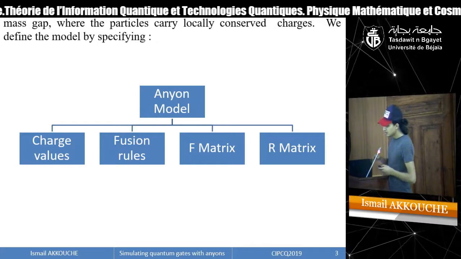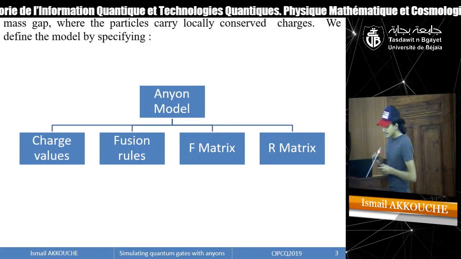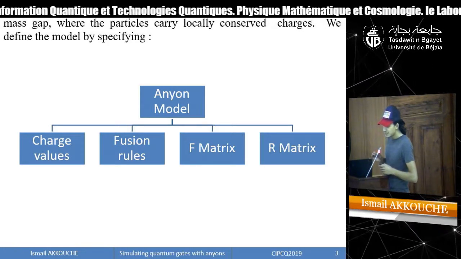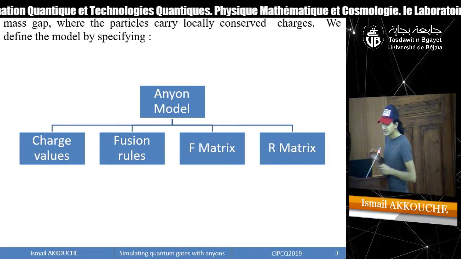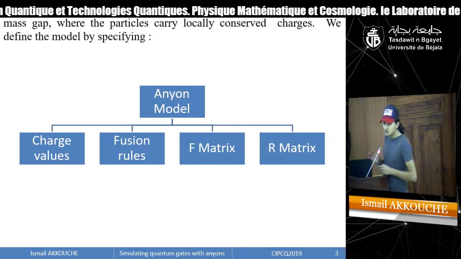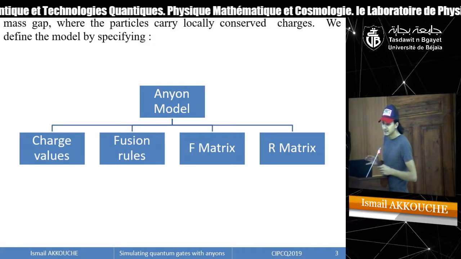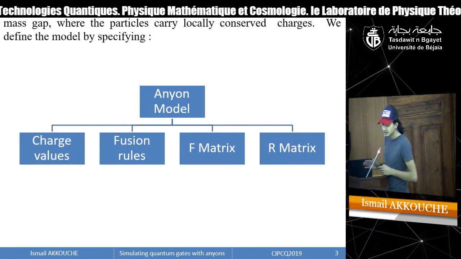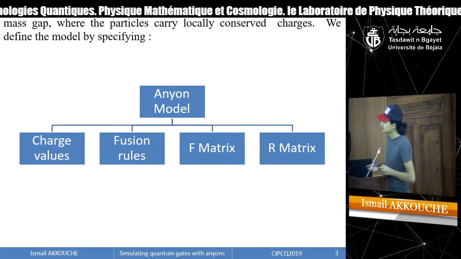An anyonic model is also a quasi-particle excitation of two-dimensional topological states of matter, which obey anyonic statistics, not fermion statistics, not boson statistics. This is why we call them anyons.